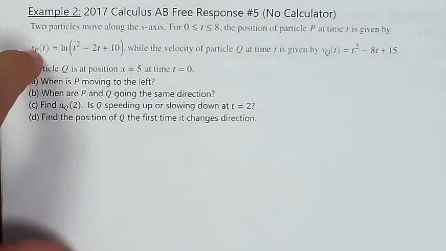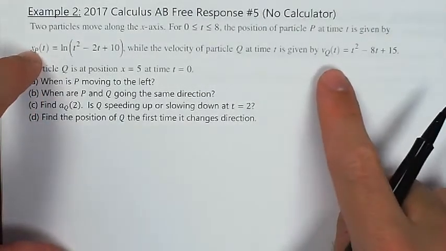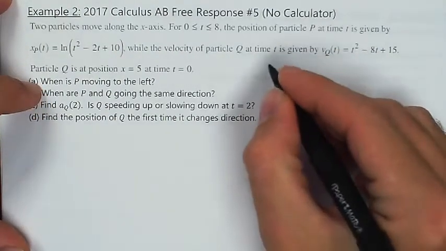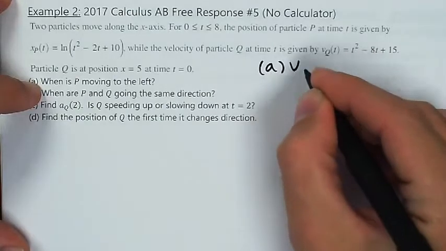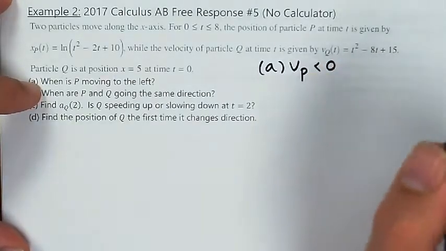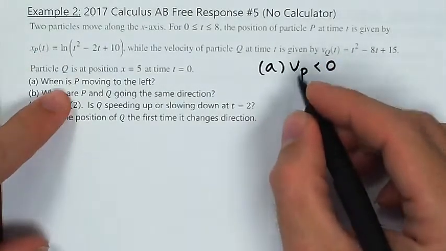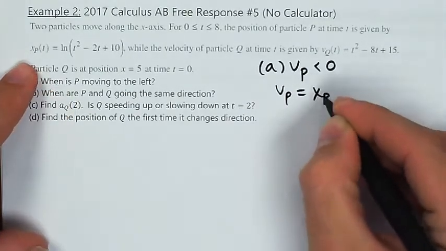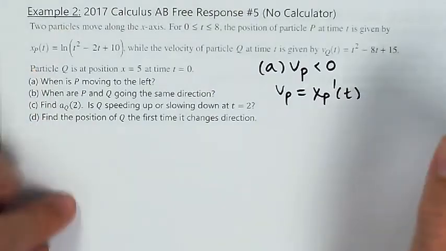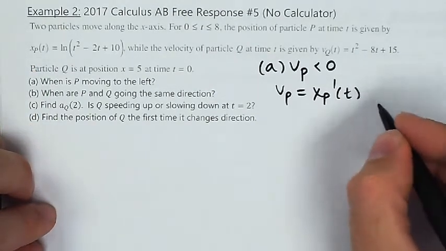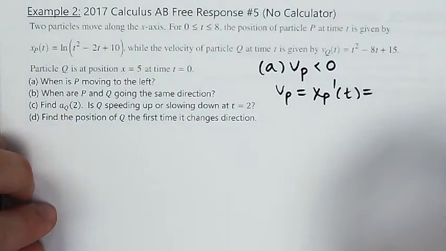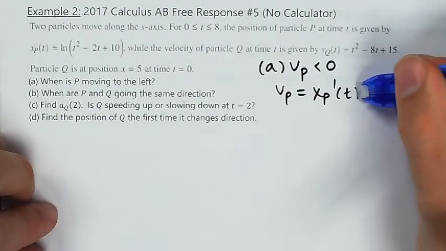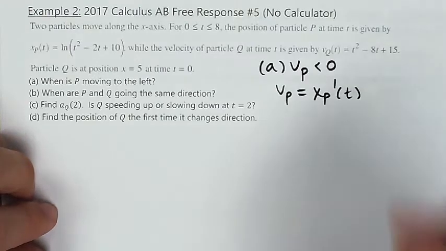Okay, we've got a position of particle P and a velocity of particle Q. Okay. When is P moving to the left? Well, that would be when the velocity of P is negative. But I need to say velocity of P equals the derivative of position P. I'm not going to be able to fit that there, so I'm going to be a little wiser here.